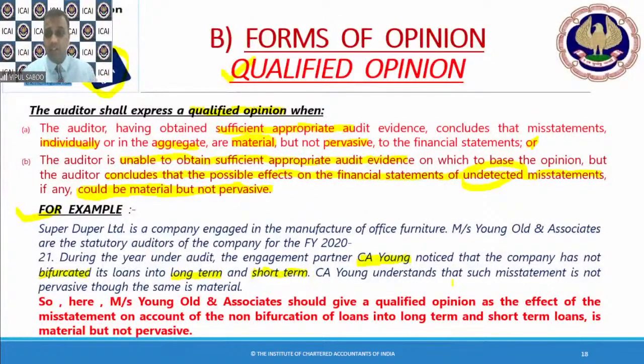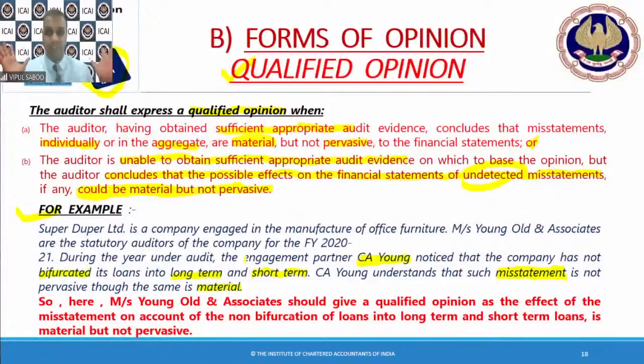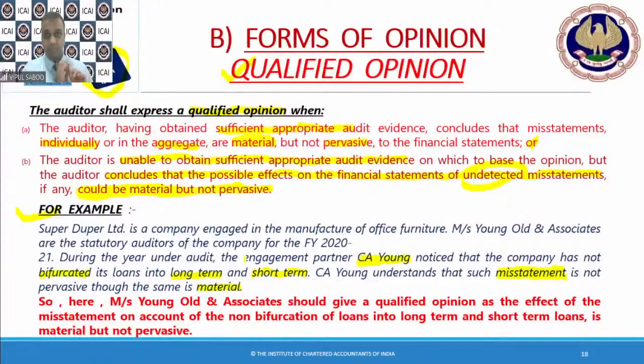CA Young understands that such misstatement is not pervasive, but it is material. It is not like an infection spreading to the whole body of the financial statements. Like I get a cut on my finger. If I get septic, the infection will spread to the whole body.